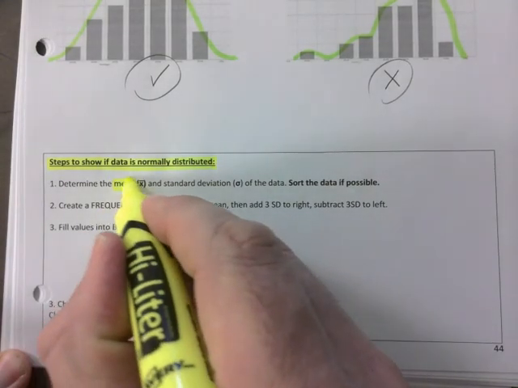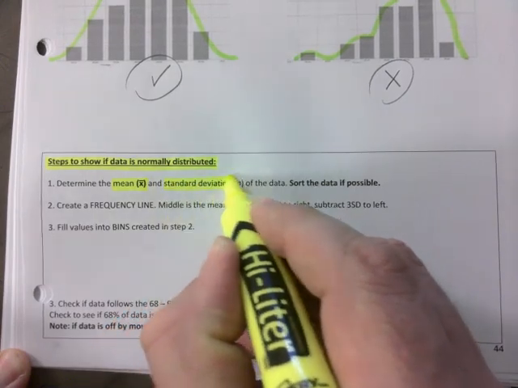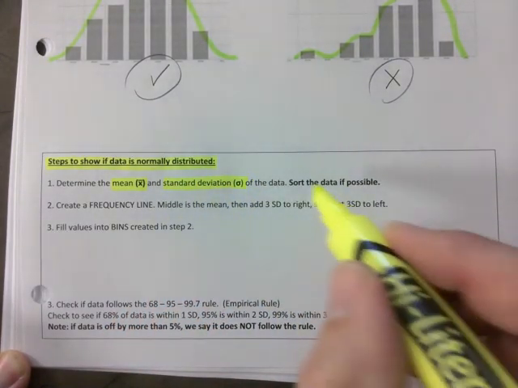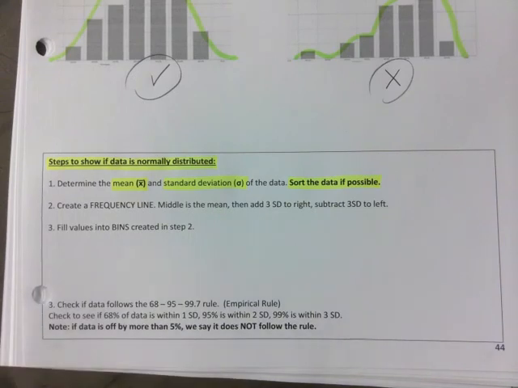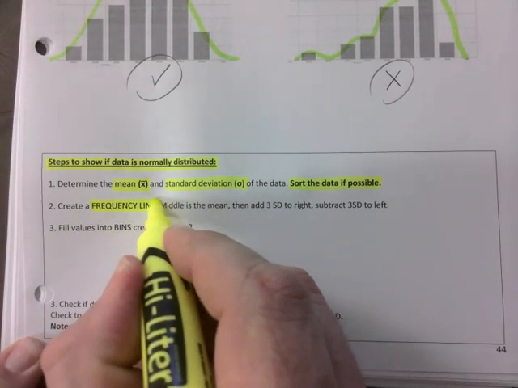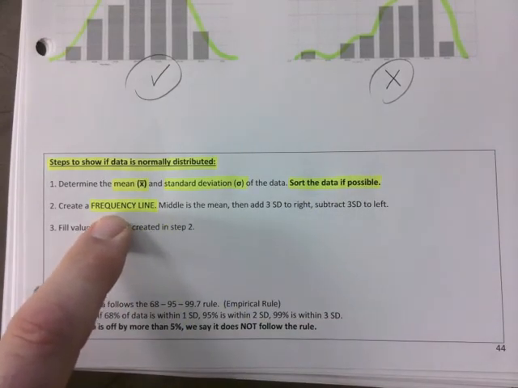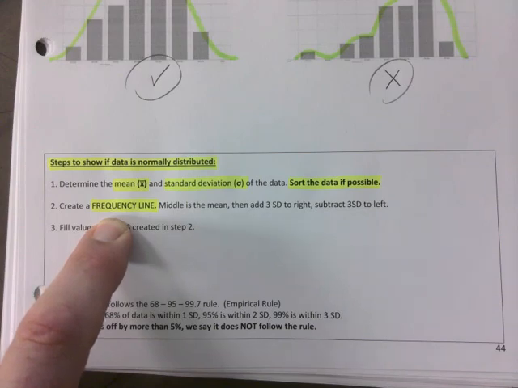So obviously we start with finding the mean and the standard deviation. And then we sort it if possible. Sorting is gonna be critical to speed up the process. Then we create a frequency line, okay? Sometimes some questions differ here.